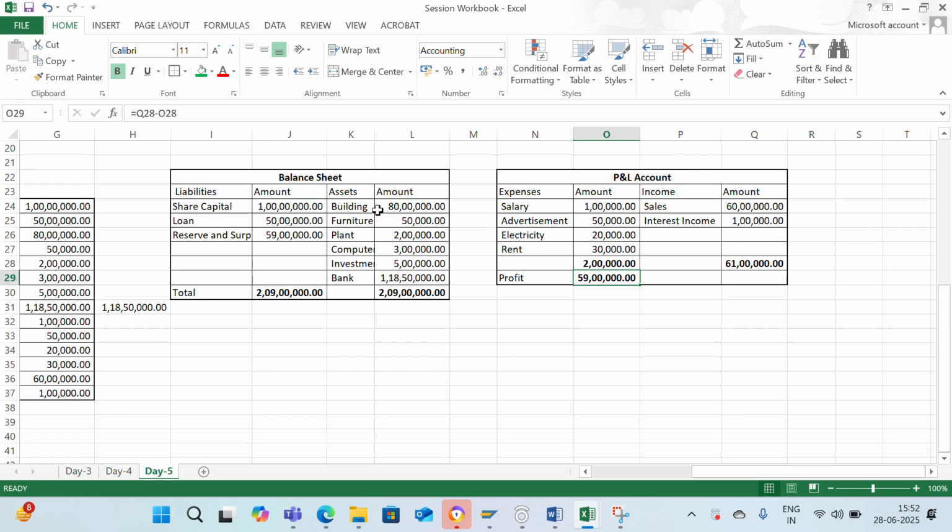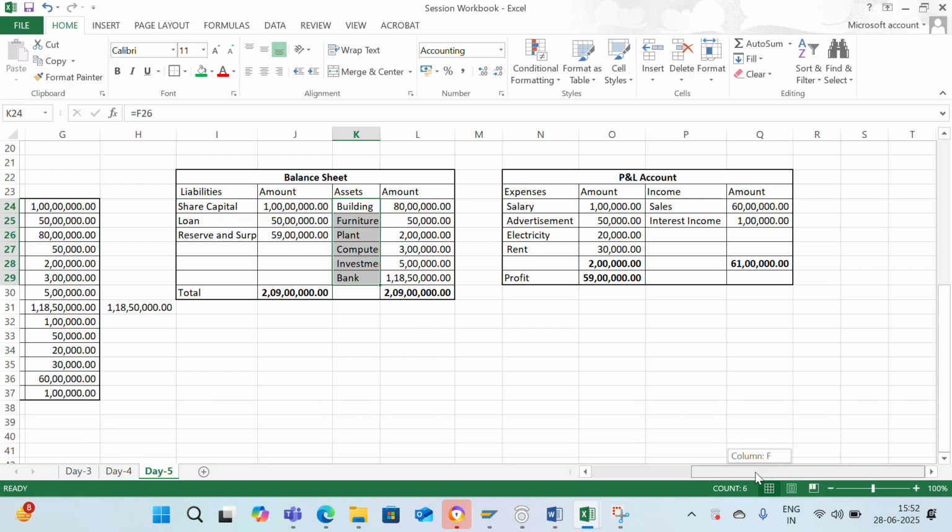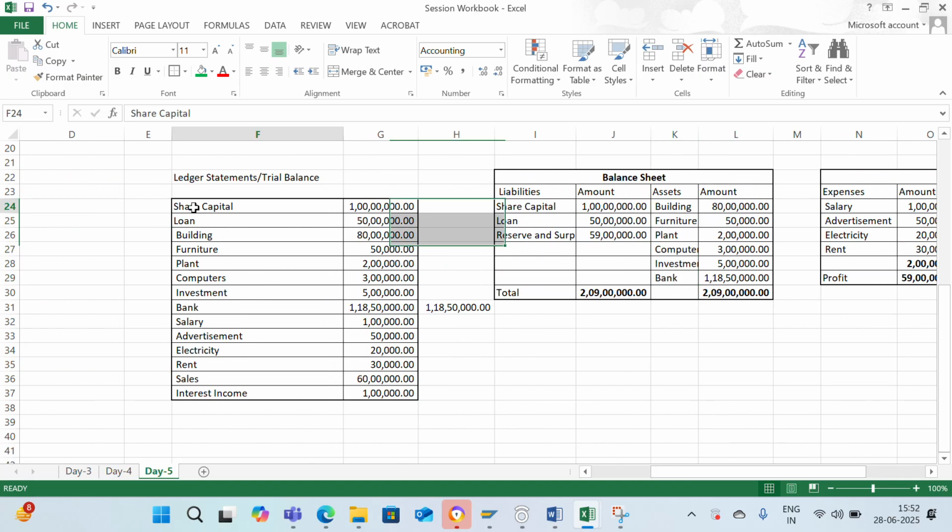Now when I create the balance sheet, we have liabilities and capital on one side and assets on the other side. Liabilities and capital includes my share capital and loan and the respective amounts, and assets are from building until bank balance.